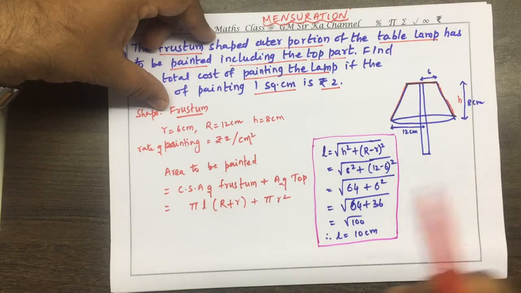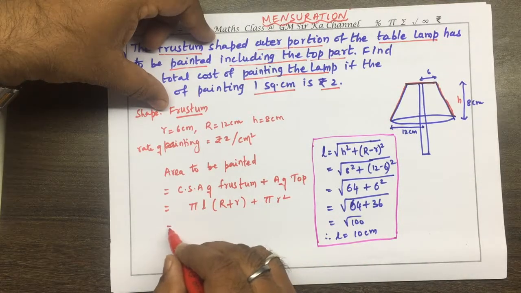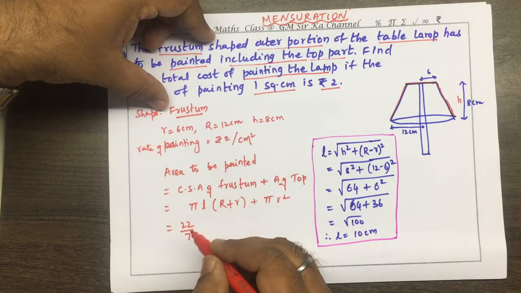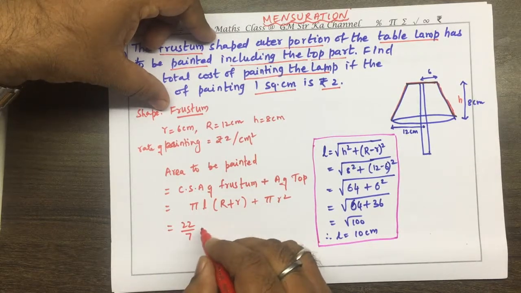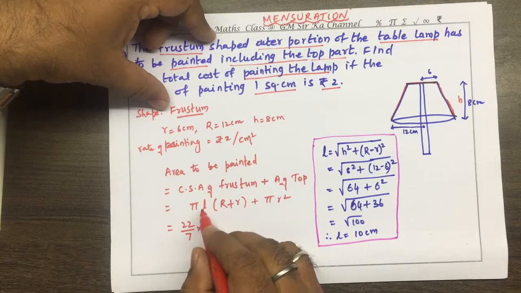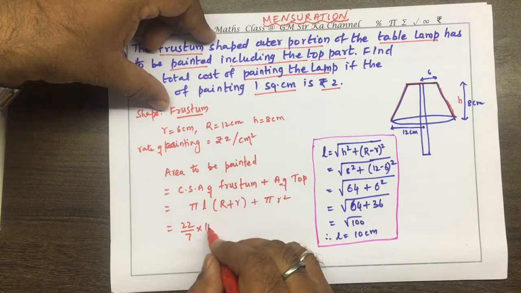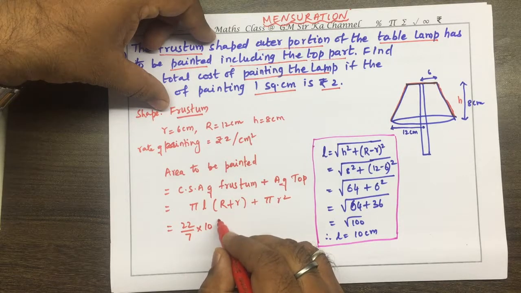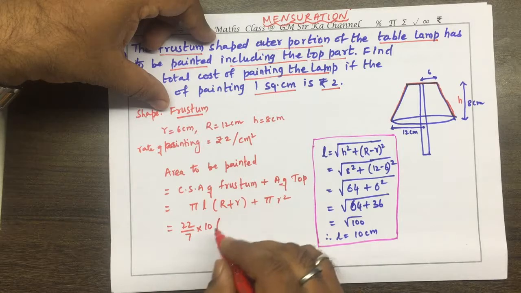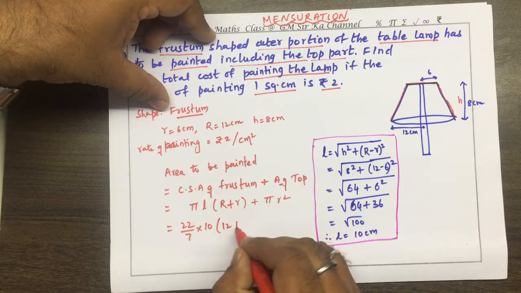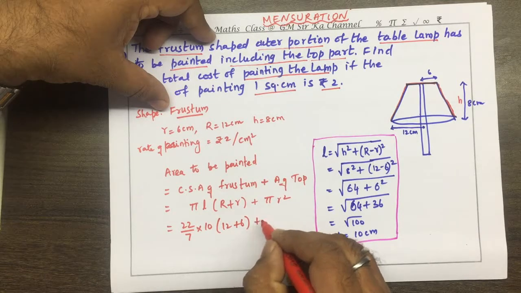So we continue with the CSA. Area to be painted is 22 by 7 into L, which is 10 centimeter, into capital R plus small r, 12 plus 6, plus pi small r square.